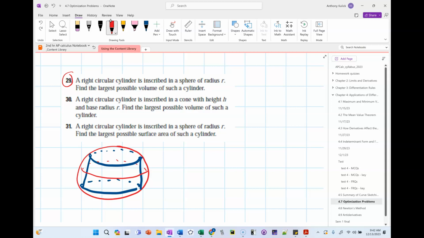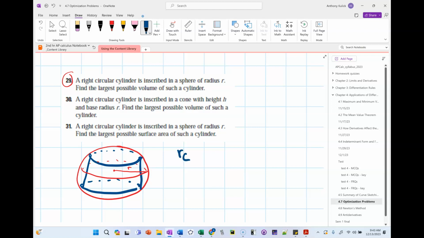So let's go ahead and do some labeling now. It says the radius for the sphere is r. For my cylinder, we're talking about the volume of a cylinder, right?